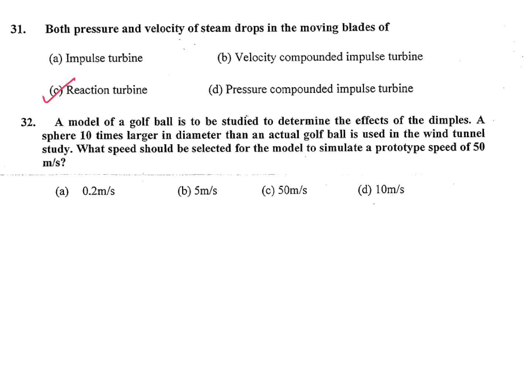A model of a golf ball is to be studied to determine the effects of the dimples. A sphere 10 times larger in diameter than an actual golf ball is used in the wind tunnel study. What speed should be selected for the model to simulate a prototype speed of 50 meters per second?